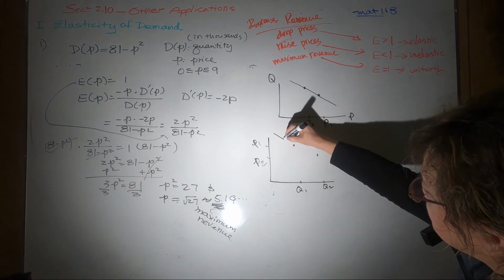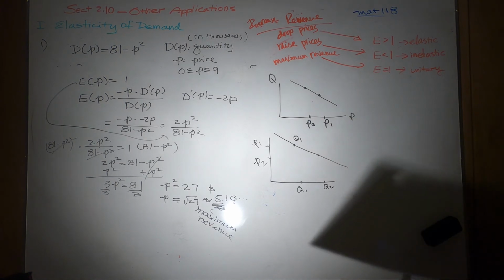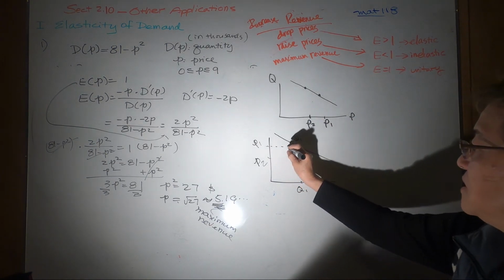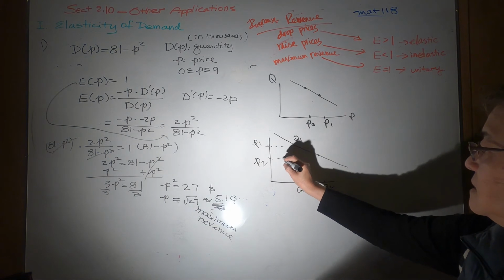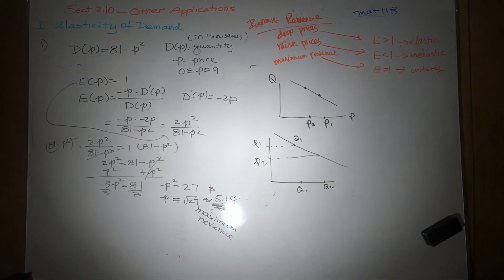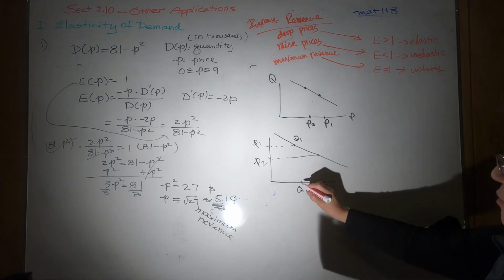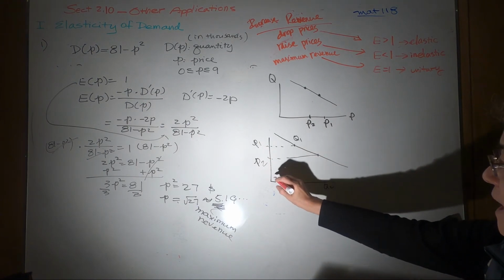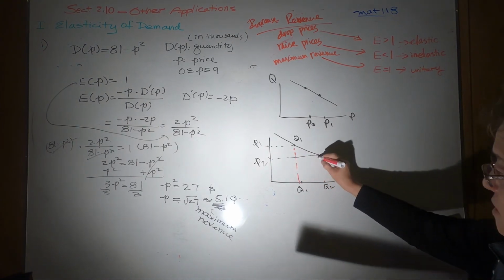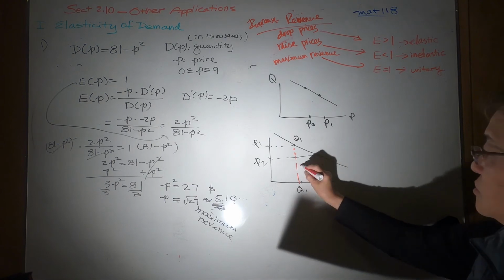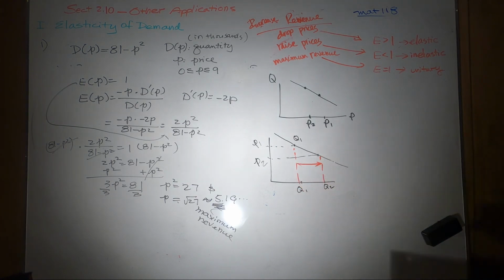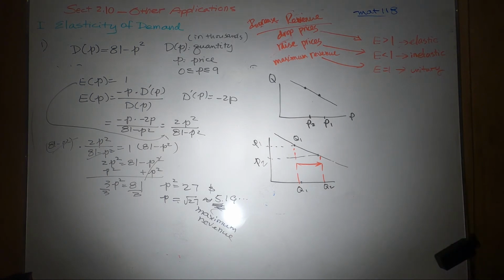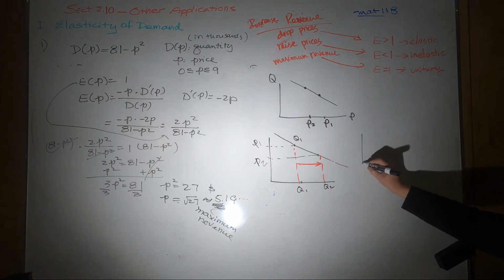So it will look like this. Okay? So that's your P1, quantity, P2, quantity. So the change will be from quantity 1 to quantity 2, right? So you drop the price, then your quantities changed, right?